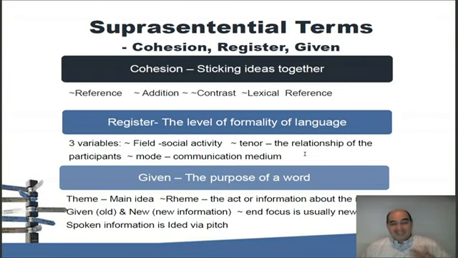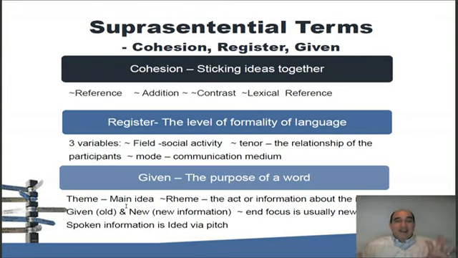How do we connect these? Well, oftentimes we have an idea and then more description behind it, and that's this whole idea between a main idea or theme and rheme. Theme is going to be like your subject or your main idea, and rheme is going to be the information that's related to it, that's describing it, that it's about.